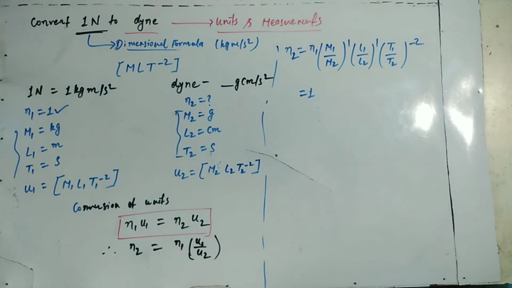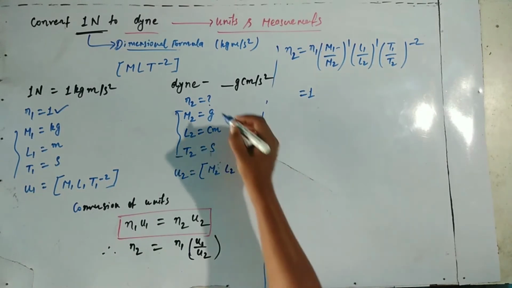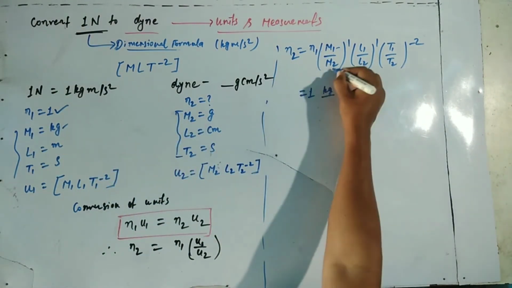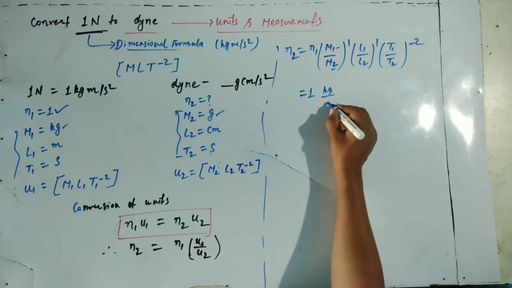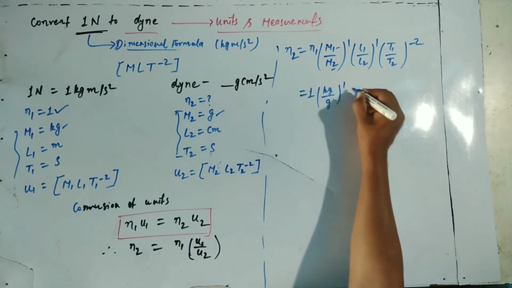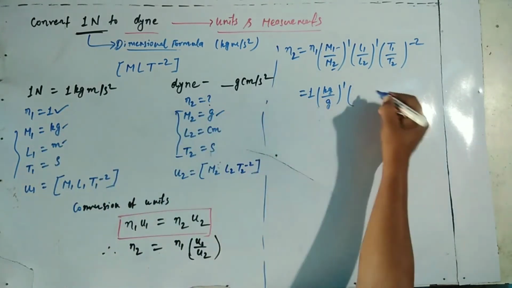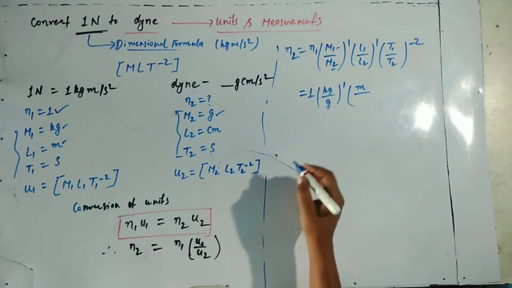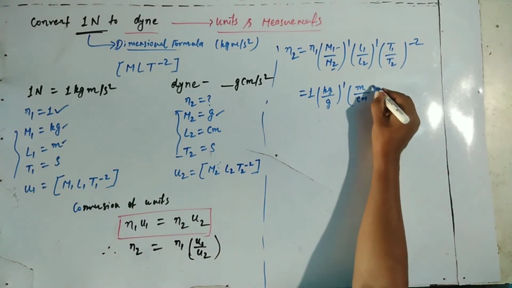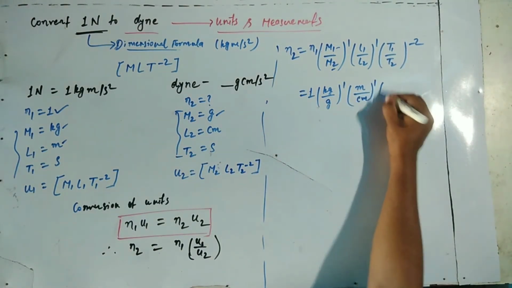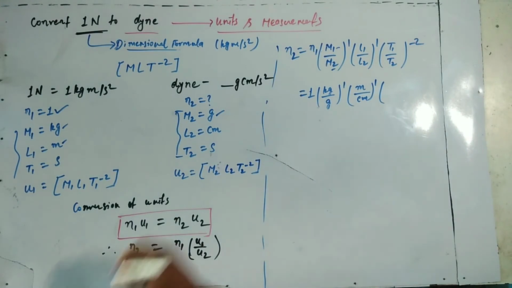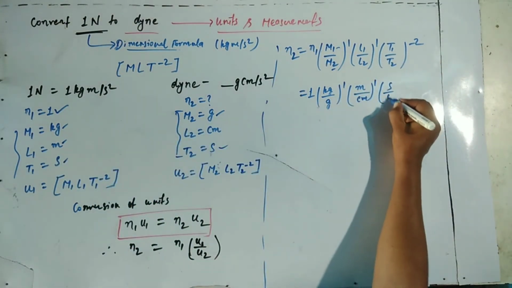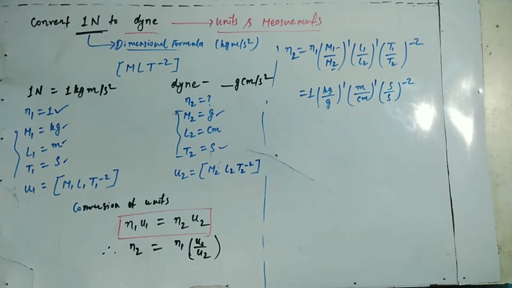Here N1 equals 1. M1 is kg and M2 is gram, so kg by gram power 1, into L1 is meter by L2 which is cm, so meter by cm power 1. T1 is second and T2 is second, so second by second power minus 2.